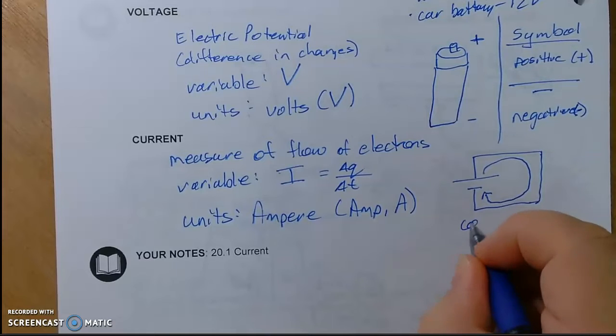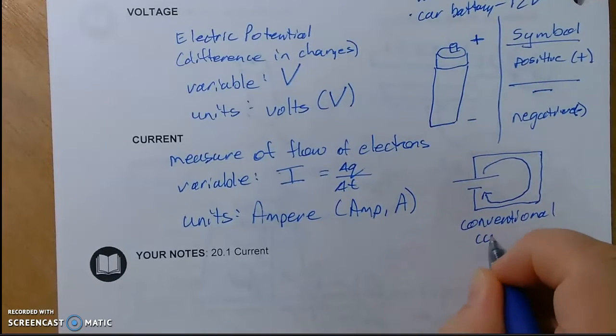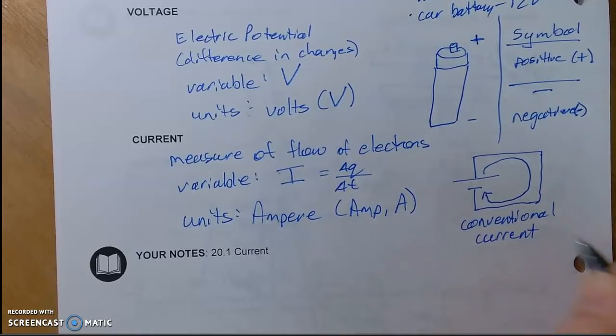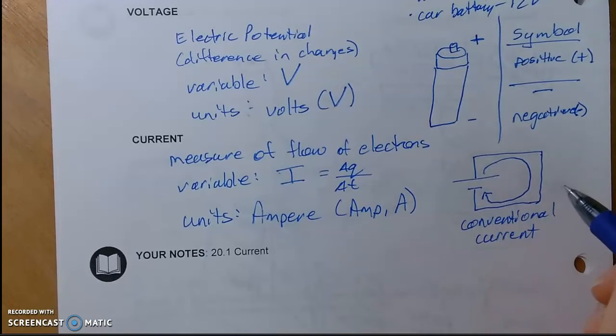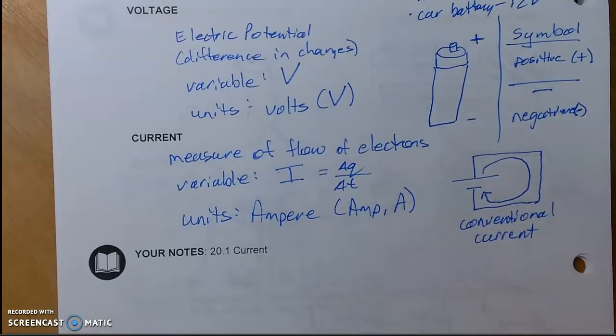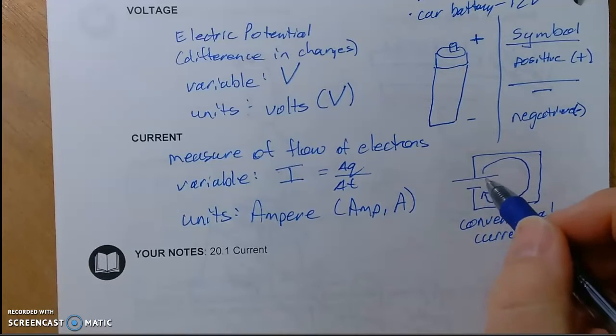This is called conventional current. When they started drawing current diagrams, they thought that electricity went from positive to negative. Once we discovered the electron and the other subatomic particles, we realized that it was the electrons that are flowing, and so it should flow from negative to positive.